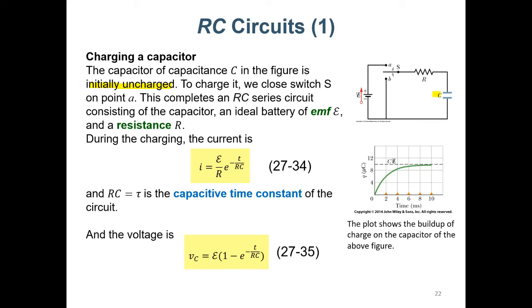So in the previous lecture, I talked about solving the ODE. We talk about the initial condition, and this is actually the initial condition. It tells you that the capacitor is initially uncharged, which means that there are no charges stored at the capacitor.